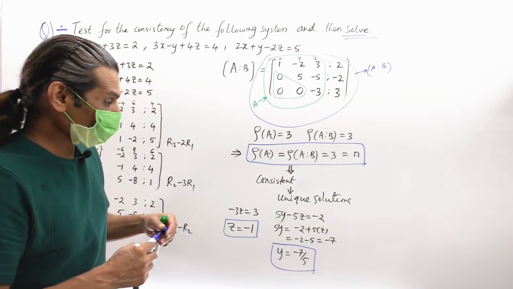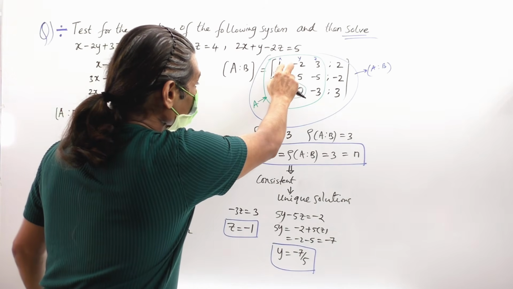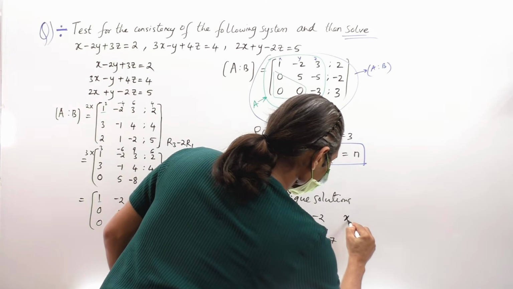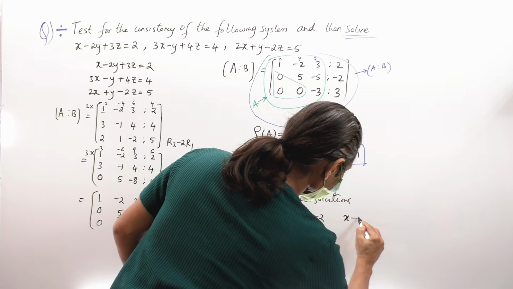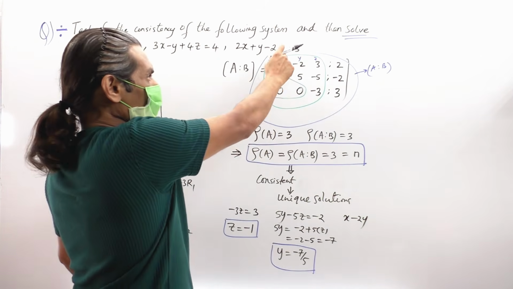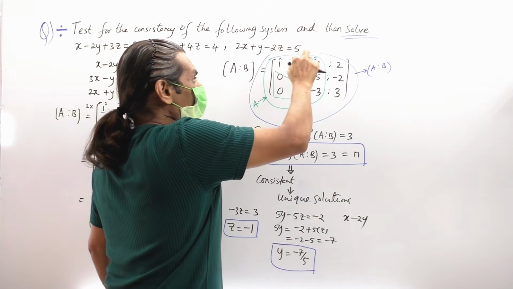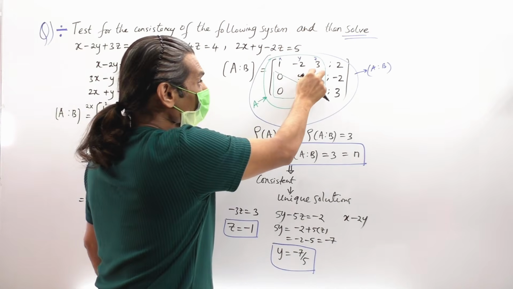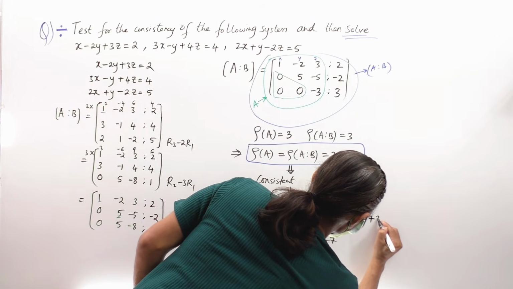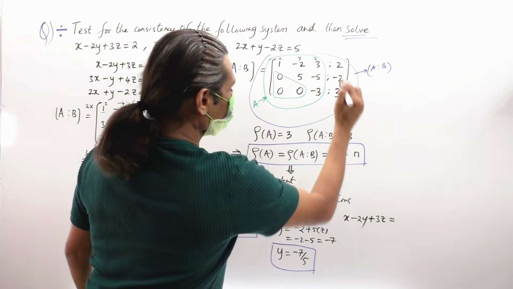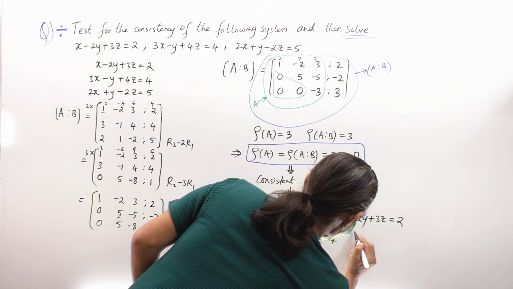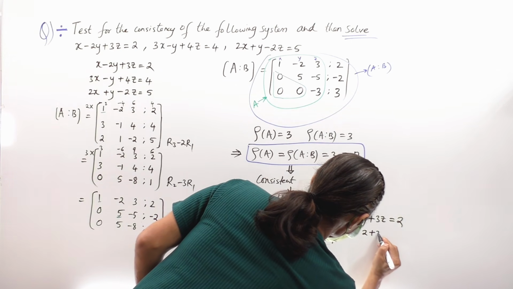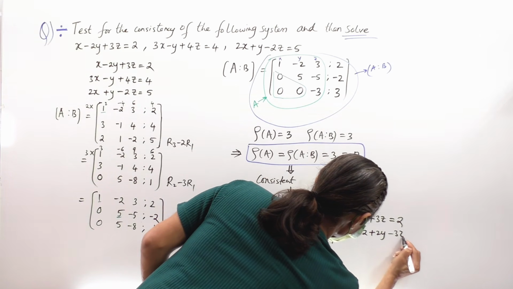Now, put these values in the first equation. What is that? 1x, that is x, minus 2y. I hope you are getting it now. This row is for x, column for x, column for y. So, minus 2y, plus 3z equals 2. So, x will be equal to 2 plus 2y minus 3z.